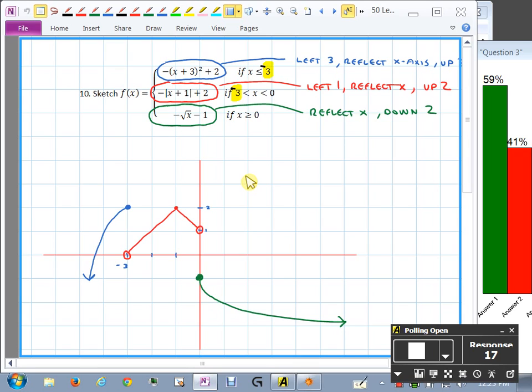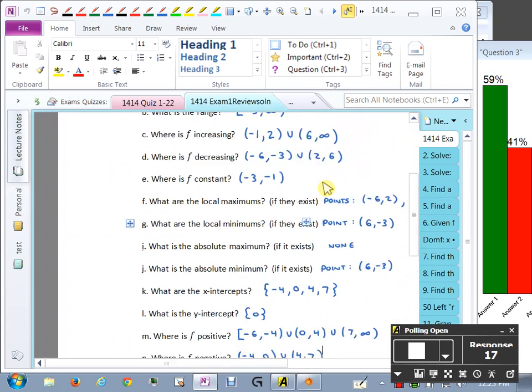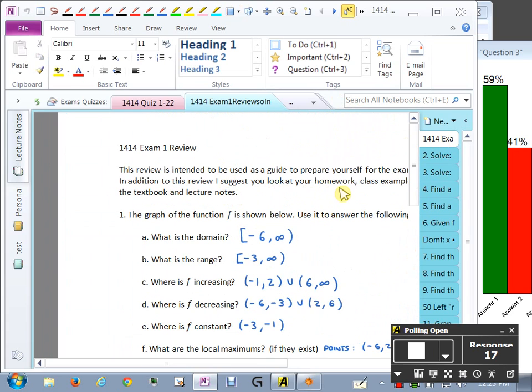That's a great question. What's being asked on the review is a sketch, but in the homework, you're asked to sketch and then find domain and range and things like that. I've said from the beginning that I suggest you look at your homework and class examples, because I may ask you to sketch a piecewise function and then ask for its domain and range. I may not, but you should be prepared for it.